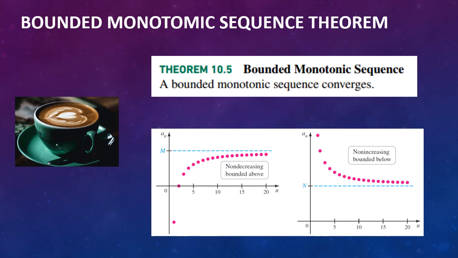And second, the sequence is bounded below because the temperature of the coffee cannot go below the temperature of the surrounding room. In fact, if the measurements continue indefinitely, the sequence of temperatures converges to the temperature of the room. This example illustrates an important theorem that characterizes convergent sequences in terms of boundedness and monotonicity.